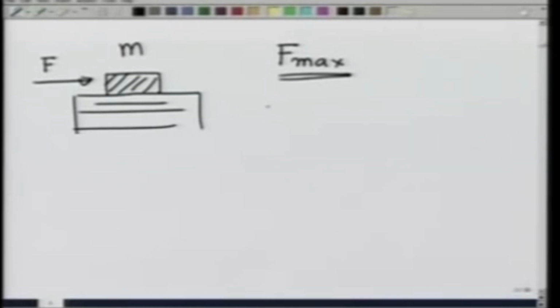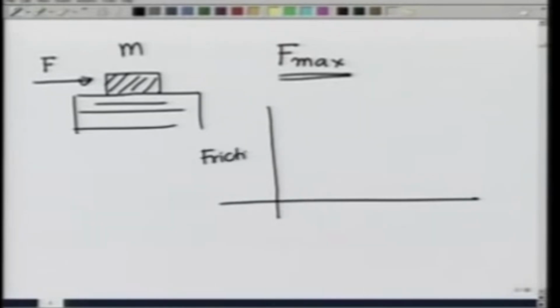So, if I were to plot frictional force versus F, you would notice that friction adjusts itself with F up to a certain point, which I will call F max. This would be 45 degrees, so that the frictional force is exactly equal to the force applied.